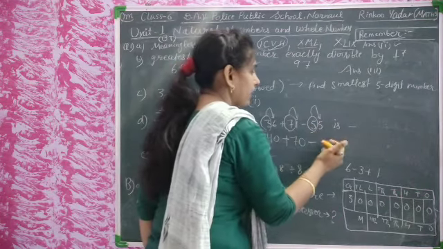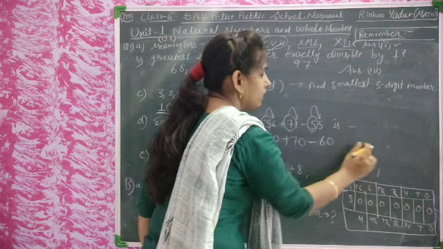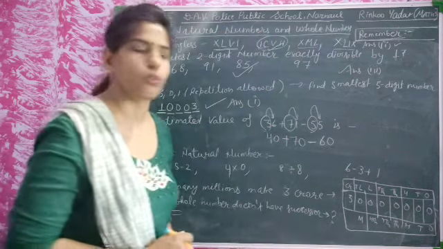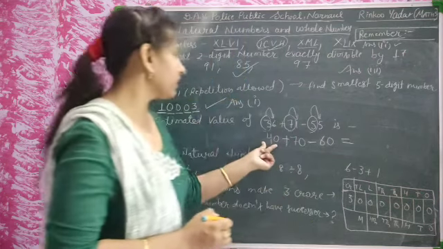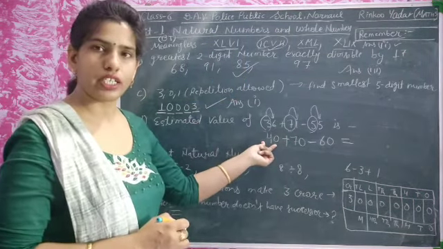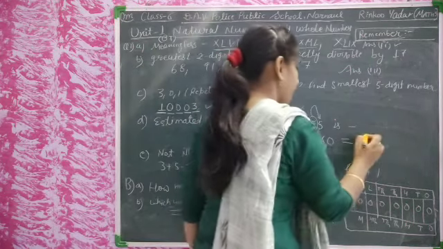There is adding 1, 5 plus 1, that is 6 here, and all other digits are made 0. Now this becomes 70 plus 40, that is 110 minus 60, that is 50.